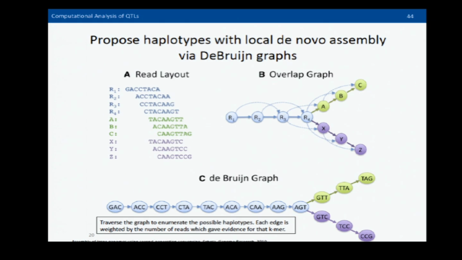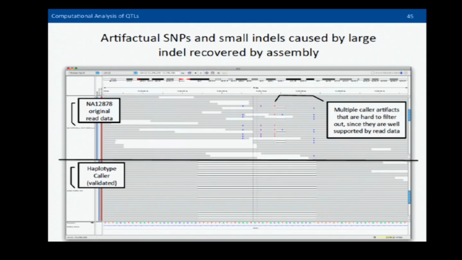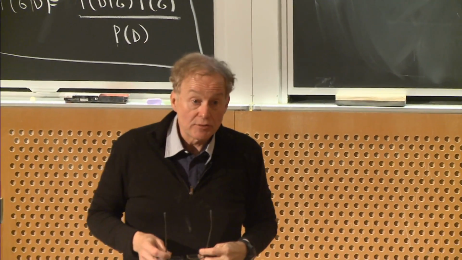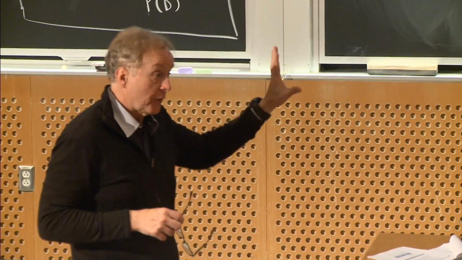And if you do that, what happens is that you can recover indel issues that appear to call SNP variants but that actually are induced by insertions and deletions in one of the chromosomes.